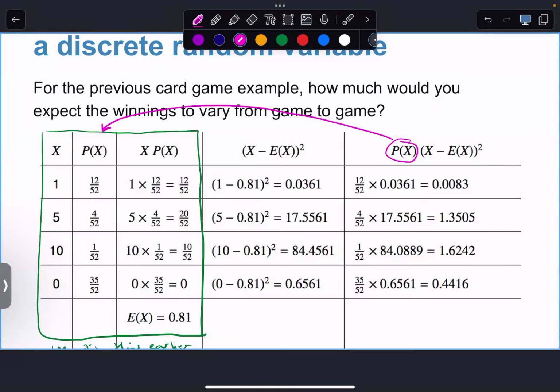And we're going to take that probability, and they rewrote it because that's how we see the entries, right? So it makes more sense to rewrite it like this. And so P of X, 12 over 52 times X minus E of X squared. So 12 over 52 times 0.0361 makes 0.0083, right?